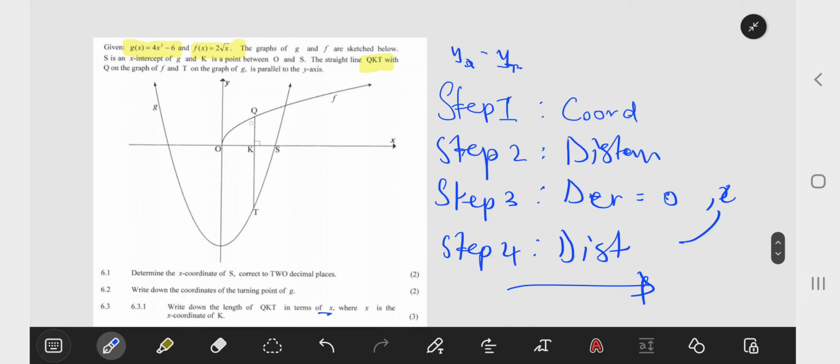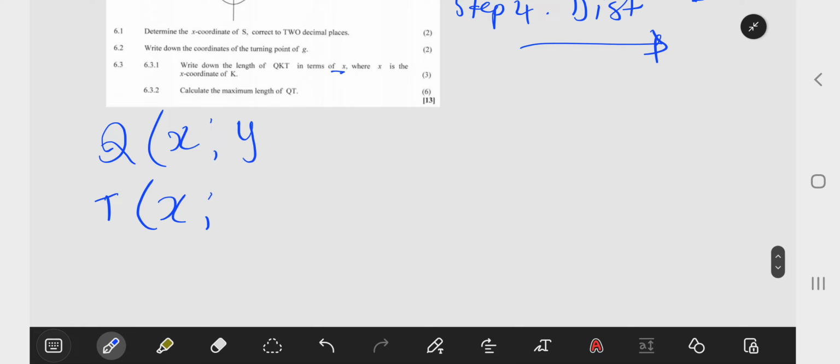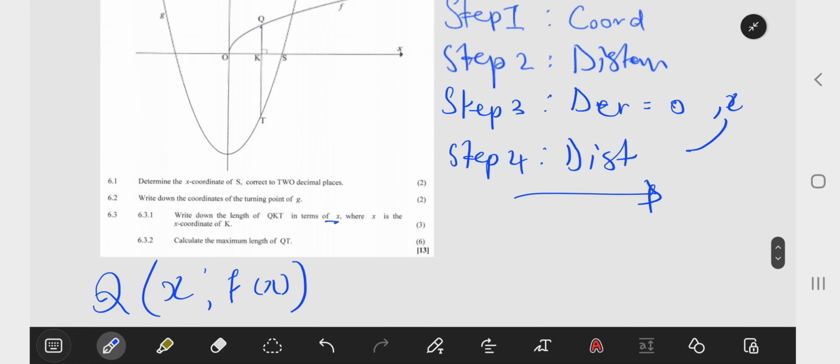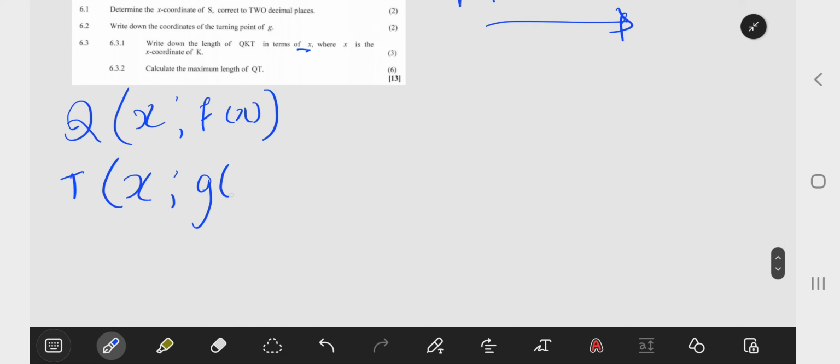And u-y wethu la kuzoba u-f of x la ku-q because le point leli liku-f of x la, right? So u-y wethu instead of ukuthi sibhale u-y sizobhala u-f of x la, okay? And then la ku-t u-y wethu kuzoba u-g of x because u-t uku-g of x, right? So instead of sibhale u-y sizobhala u-g of x.